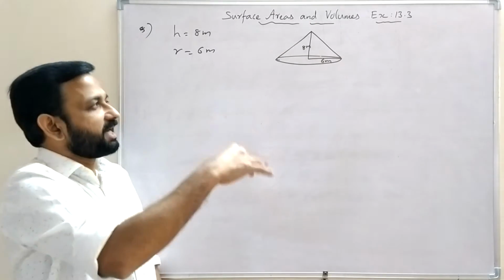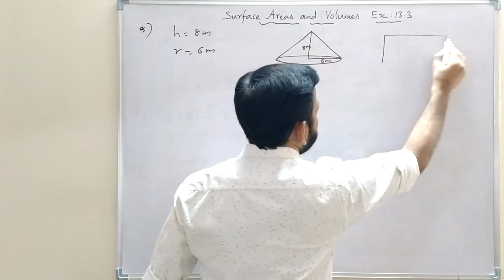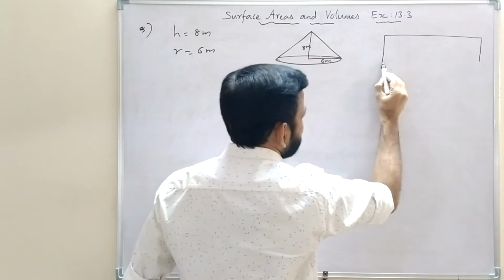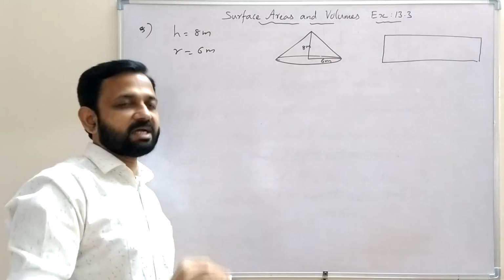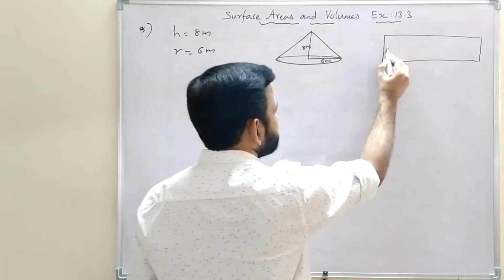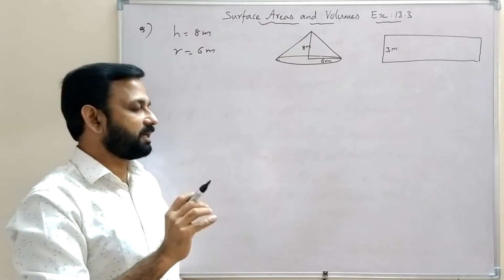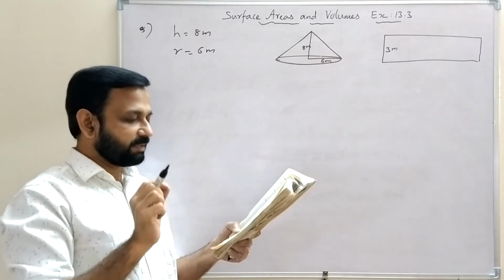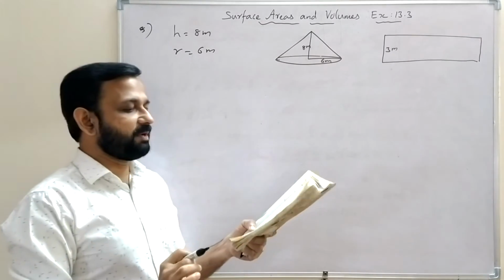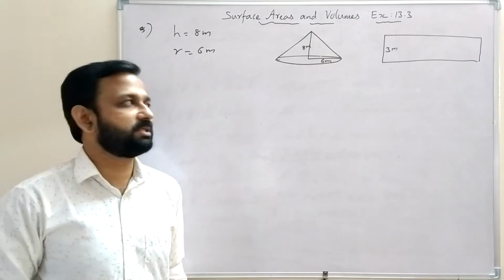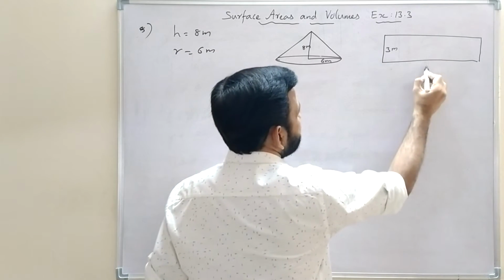So when we purchase tarpaulin sheet from a shop, we get a tarpaulin sheet in a rectangle shape and its breadth is given 3 meter. That is given in the question. So we need to find the length of the tarpaulin sheet.